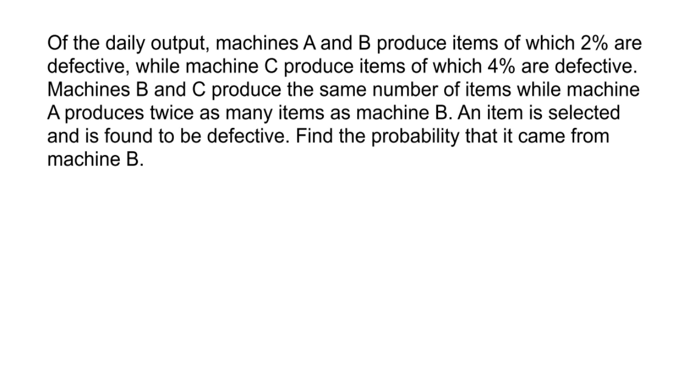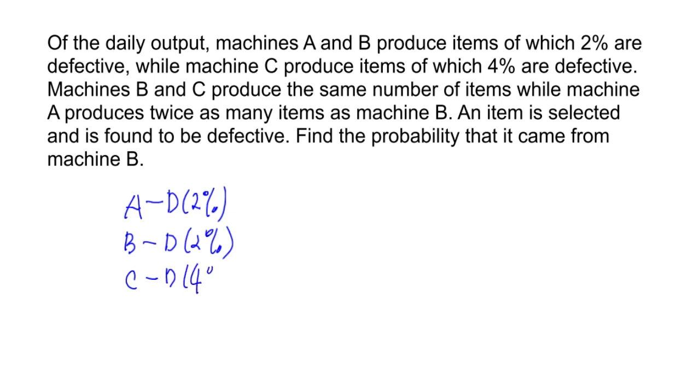Here machine A defective 2%, and B also 2% defective, while machine C, wow, we have one more machine here, produces items of which 4% are defective, so defective 4%.